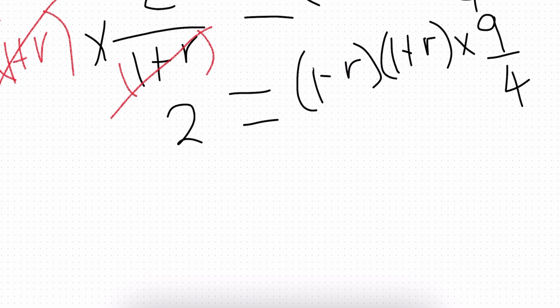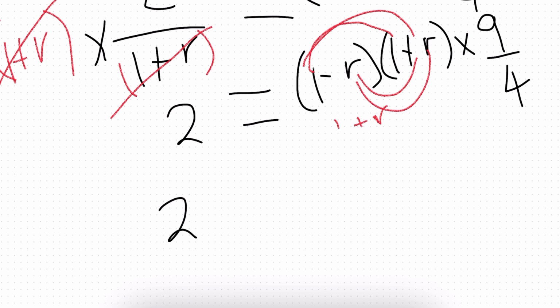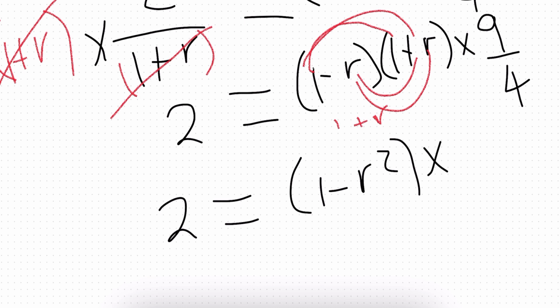You can multiply like this and like this, but I think you get 1 minus r squared at the end of the day, because 1 times 1 is 1, 1 times r is r, and minus r times 1 is minus r, so you get 1 minus r squared. If you are conflicted about expanding brackets, go back to the first lecture. It's outlined there. So you then have 2 equals to 1 minus r squared multiplied by 9 over 4.